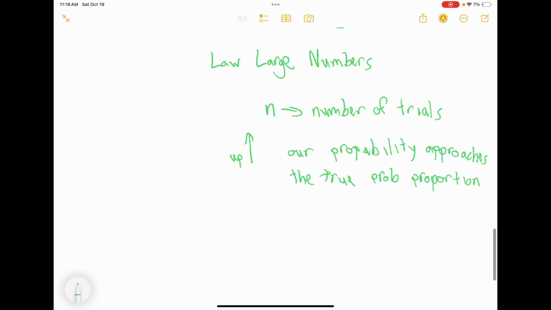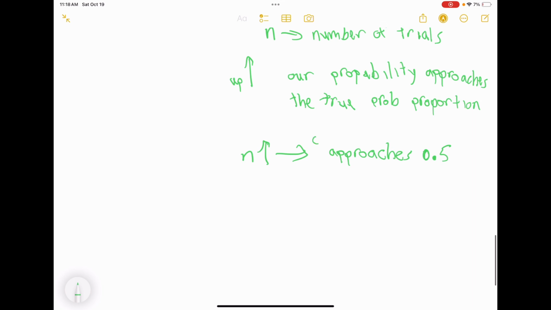So if I'm flipping a coin, heads or tails, as n goes up, the probability approaches 0.5 for either heads or tails, right? 1 out of 2. As n goes up, and this is for a coin, right?